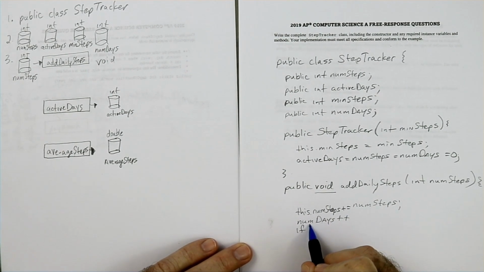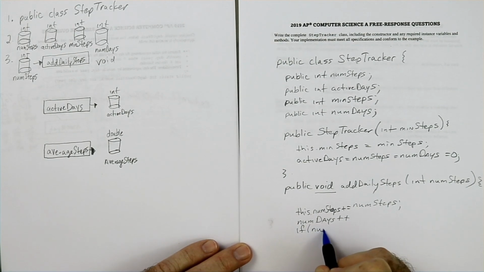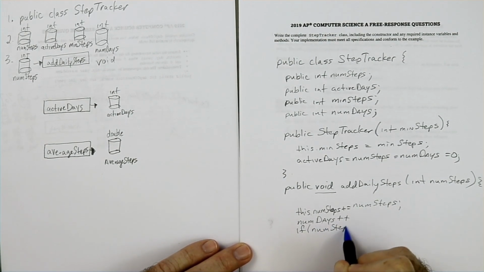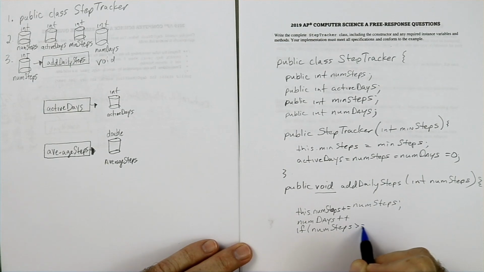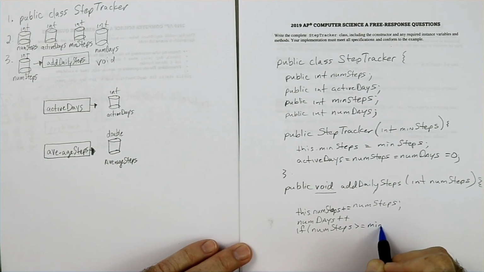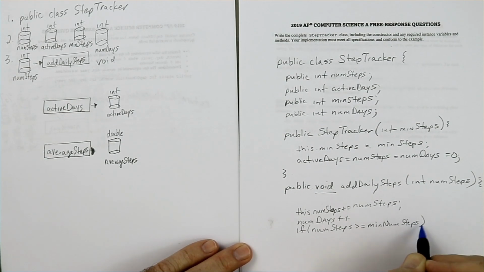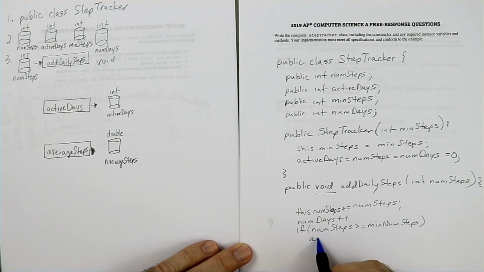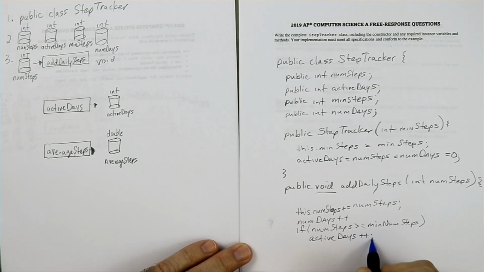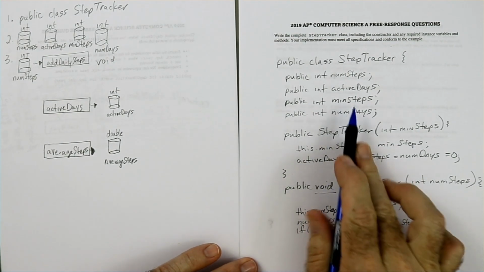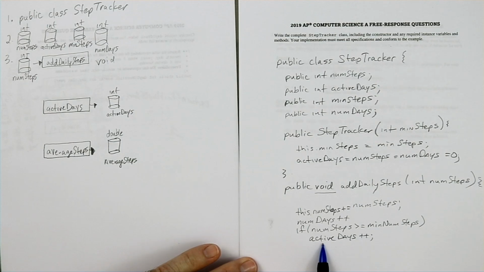So if numSteps is greater than or equal to the minimum numSteps, then we could add one to activeDays. Now you know why we have to declare this as a global variable, because we want to accumulate up there. So now we added to the total number of days tracked, and only the ones that have enough steps.